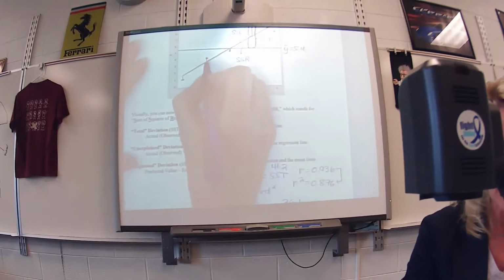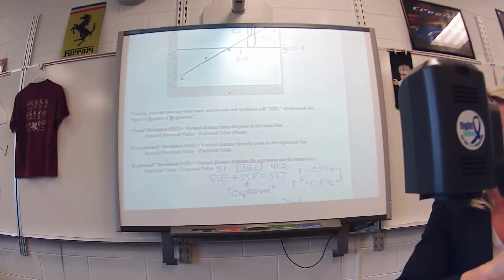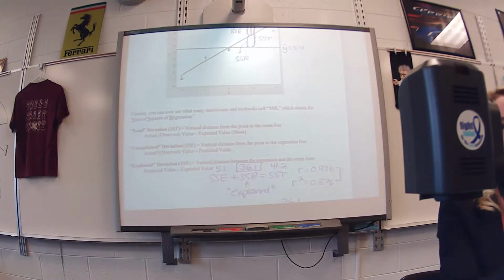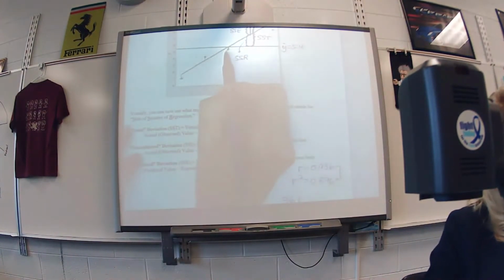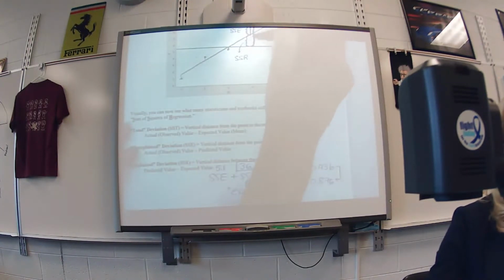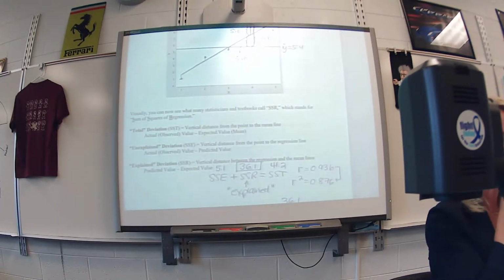You have to picture that on every one of these points you draw an SST, an SSE, and an SSR, and it's putting them all together. That's the reason I didn't choose one of those to draw the diagram. I wanted you to see the three components.